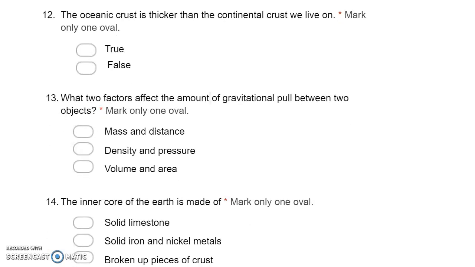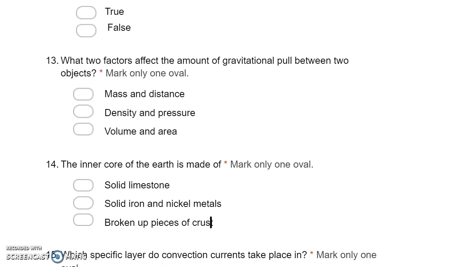Number 13, what two factors affect the amount of gravitational pull between two objects? Mark only one oval. Mass and distance, density and pressure, volume and area. Number 14, the inner core of the Earth is made of, mark only one oval, solid limestone, solid iron and nickel metals, broken up pieces of crust.